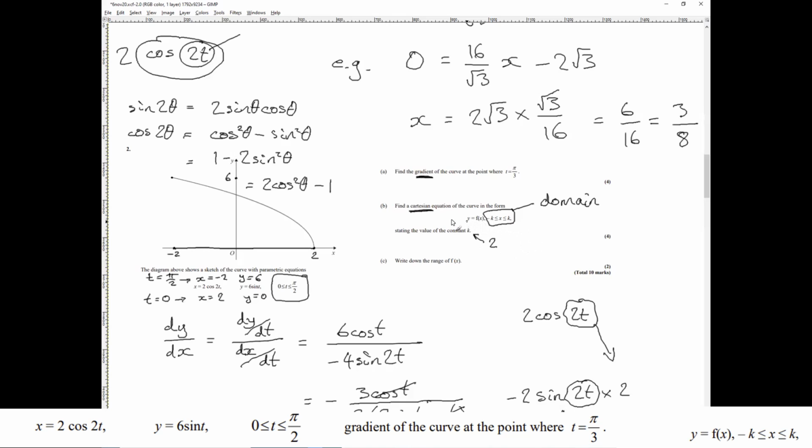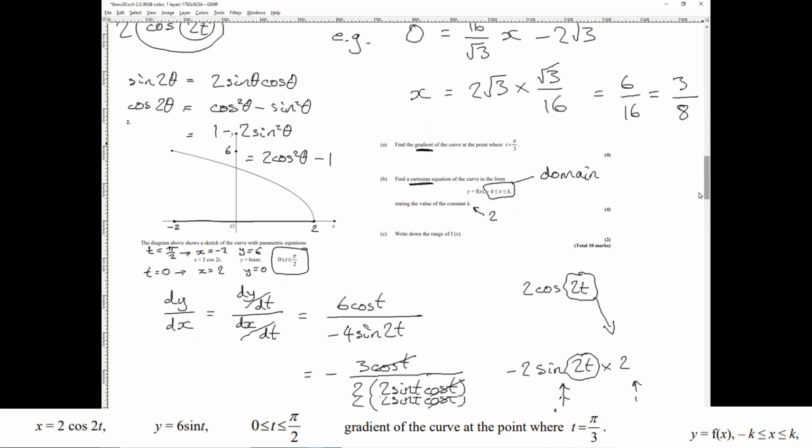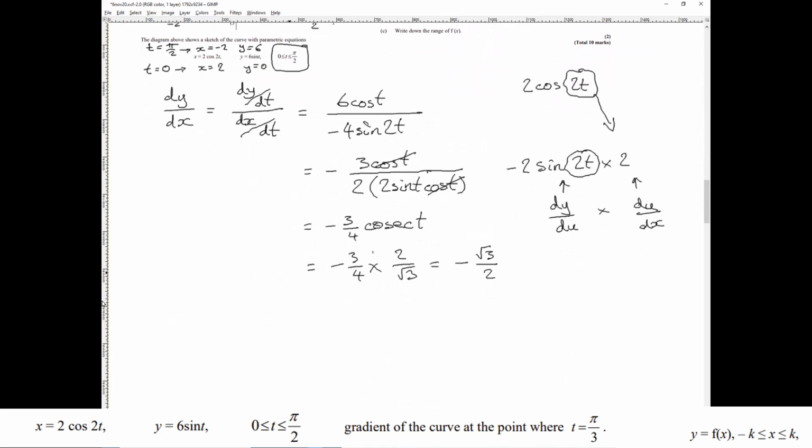But let's do the main work of part B now and find y in terms of x. So we'll start from the parametric equations, which are x equals 2 cos 2t, and y equals 6 sine t. And see if we can get to expressing y just in terms of x. Okay, do we have a plan?